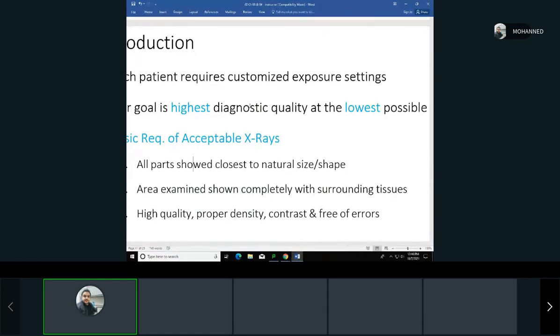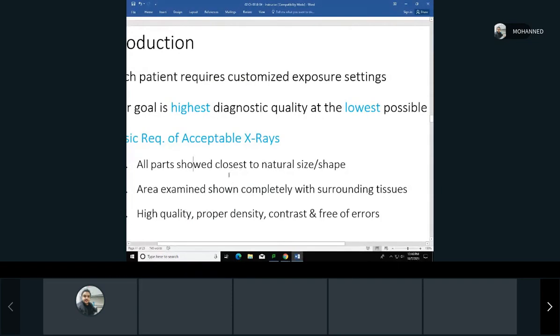We can see the teeth that we want. Maybe we don't see other tooth that can be better if we can see it, but it's just good enough for our work. So we don't need to expose the patient to another X-ray. And that's why, again, radiology, X-rays, radiographs needs to be prescribed by the dentist, not just taken right away.